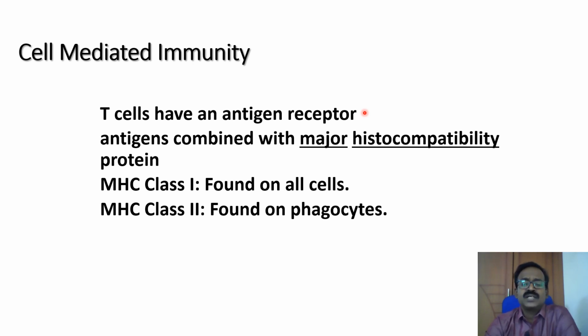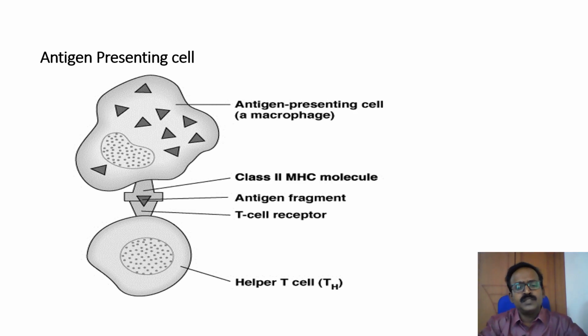This major histocompatibility class 2 protein is attached to the antigen presenting cell. Antigen presenting cells are a special type of cell: the macrophages or dendritic cells of the spleen, liver and skin.